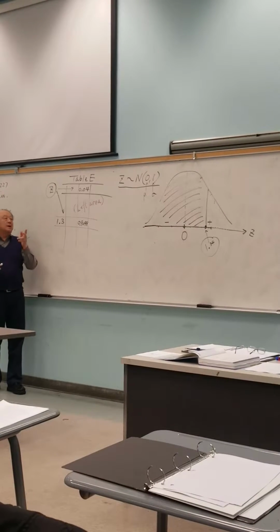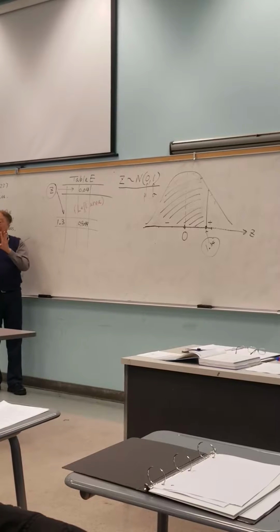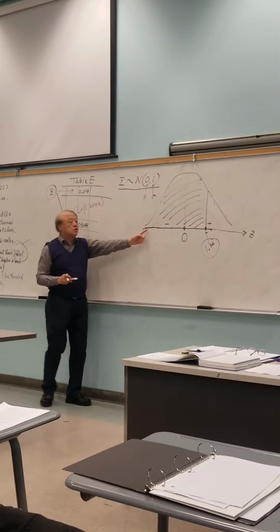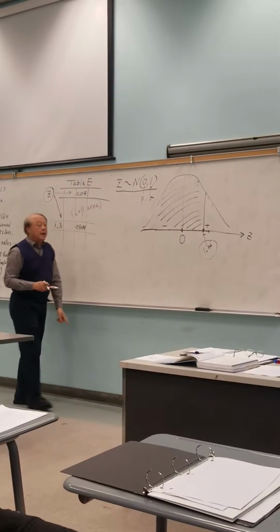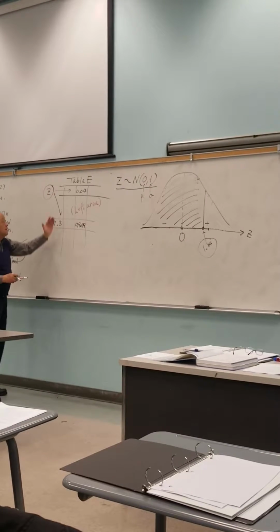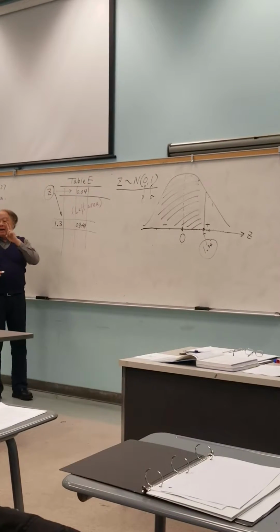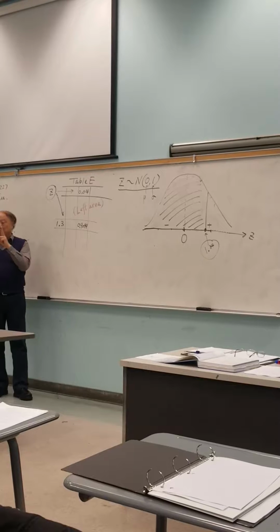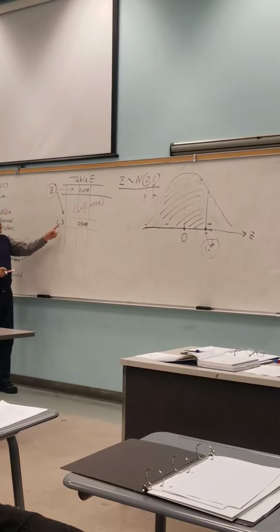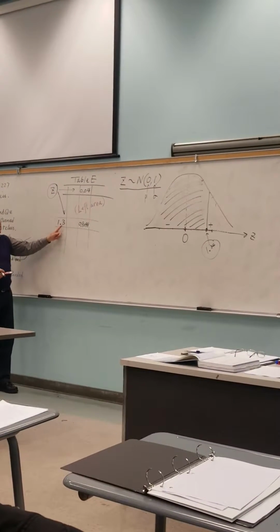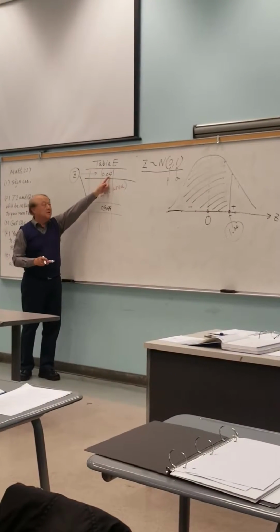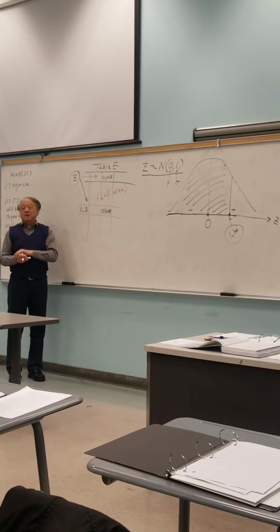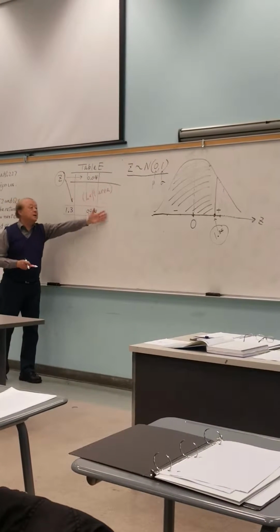Repeat, please remember. In table E, there are two kinds of numbers. One kind are the Z-scores, which are the points on the Z-axis. Where do you find them? Left column plus top row. Every Z-score carries 2 decimal places. The first decimal place is in the left column. The second decimal place is in the top row. The second kind of numbers in table E are the left areas.